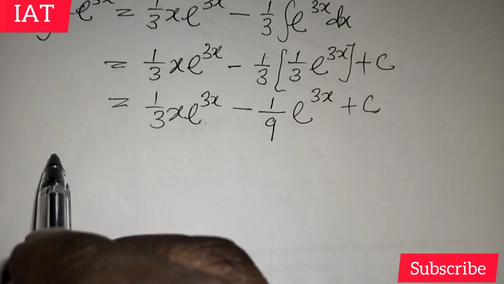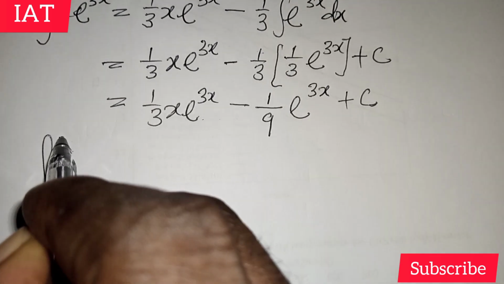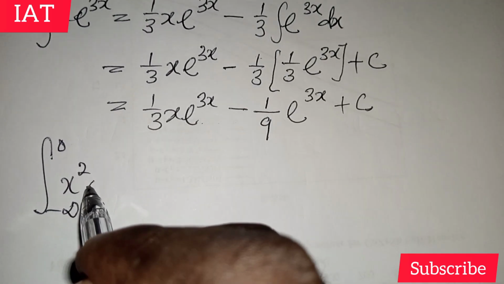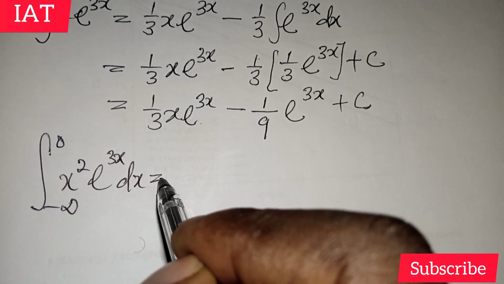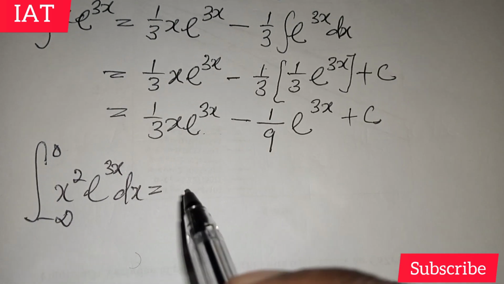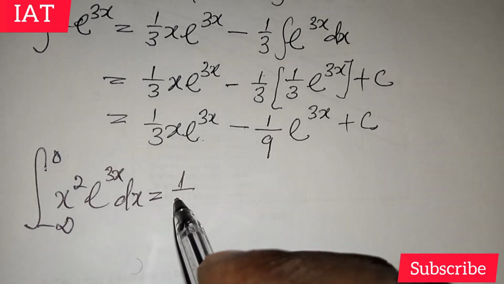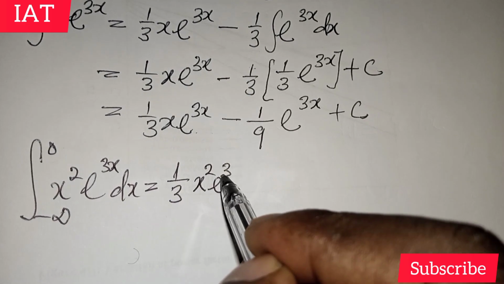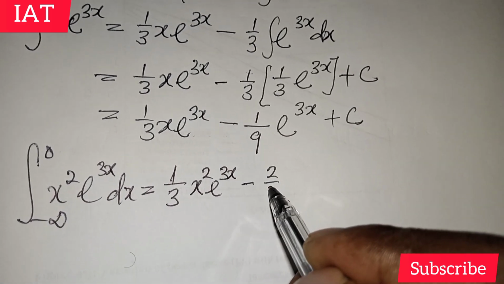So here we have the integral from negative infinity to 0 of x squared exponential 3x dx to be equal to, what we started with was 1 over 3 x squared exponential 3x minus 2 over 3.